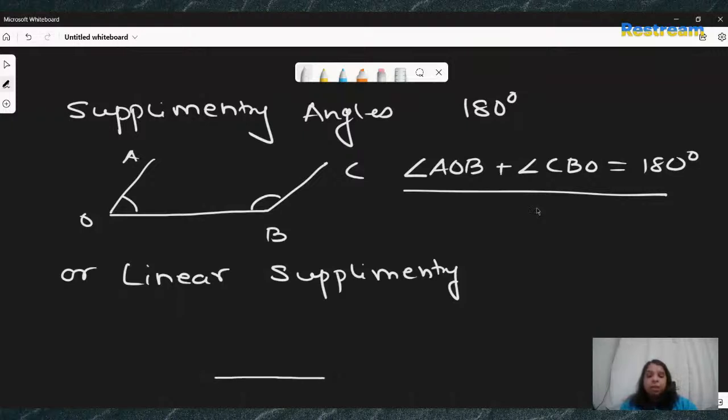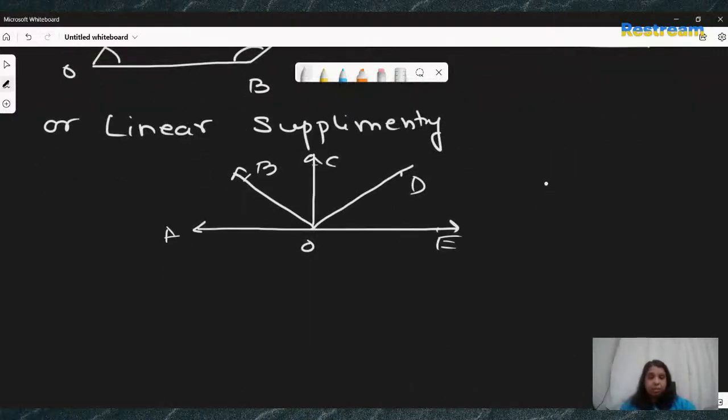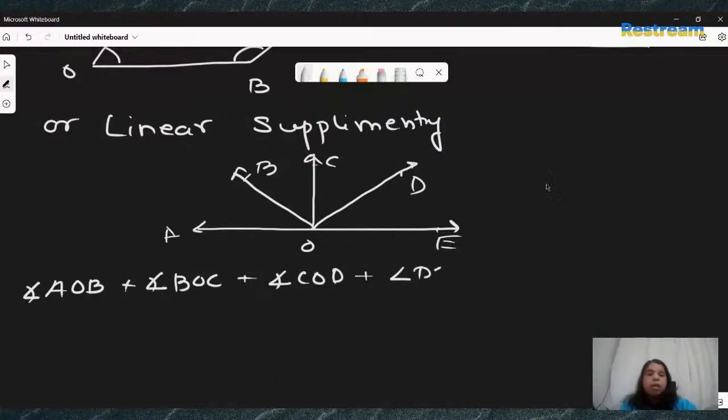Linear supplementary means that all the angles lie on one single line and they originate at one single origin. Okay. So it's A, B, C, D, E, and O. Basically, all these angles, I'm going to list them down: angle AOB plus angle BOC plus angle COD plus angle DOE.